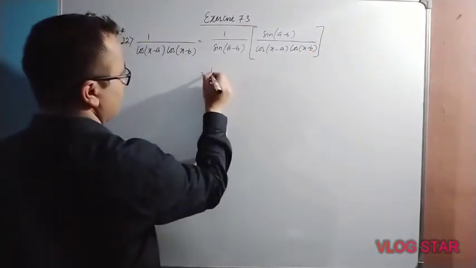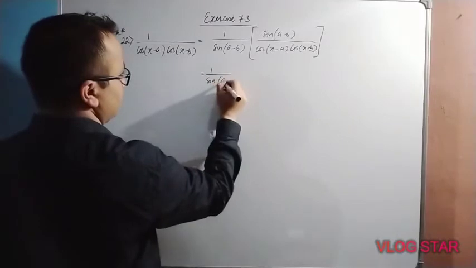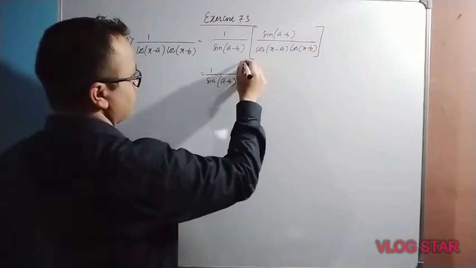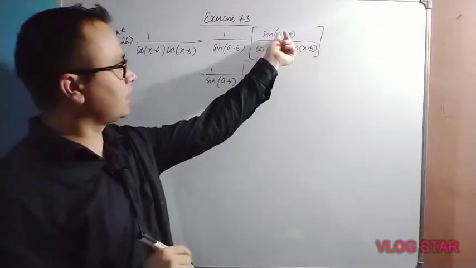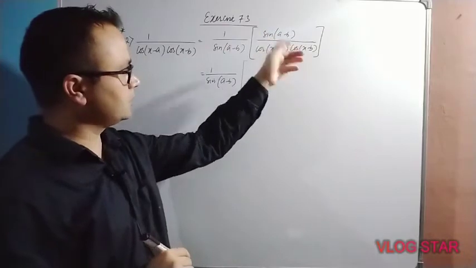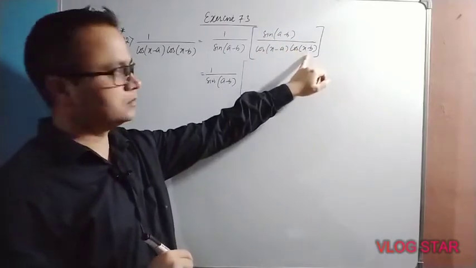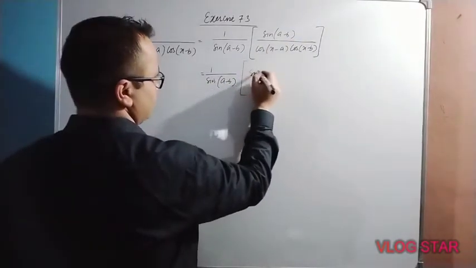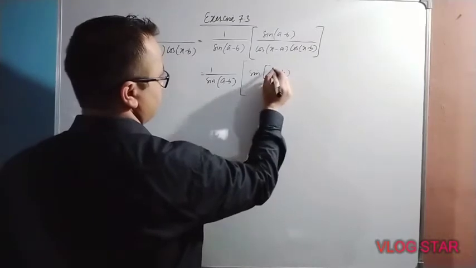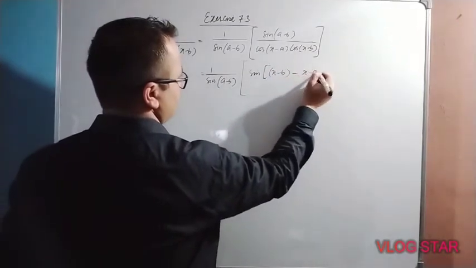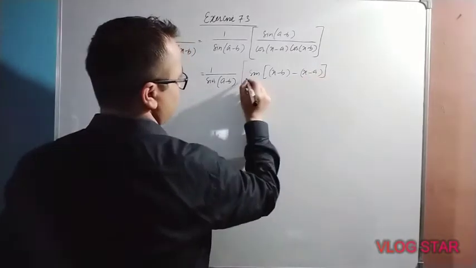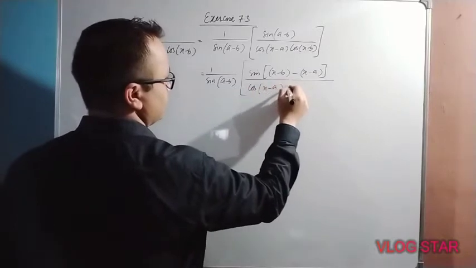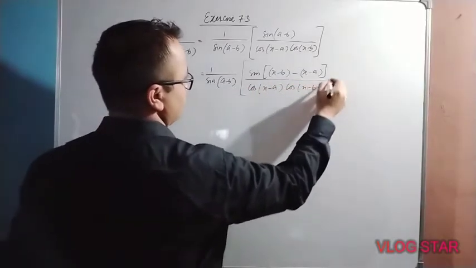So this equals 1 by sine a minus b. Now make a minus b into x minus b minus x minus a. So we write sine inside the bracket, x minus b minus x minus a, divided by cos x minus a cos x minus b.